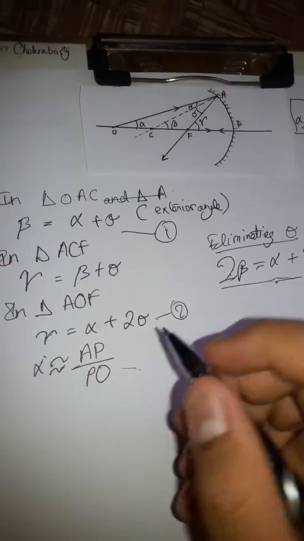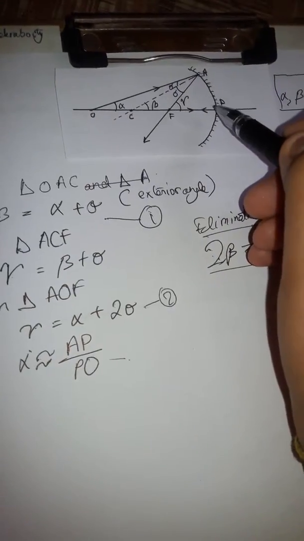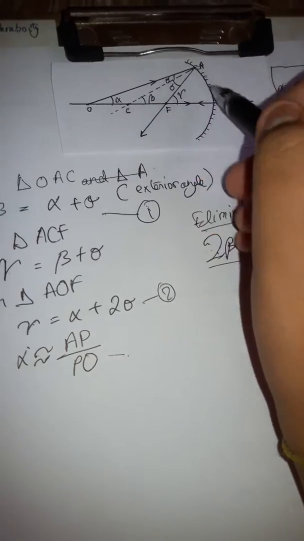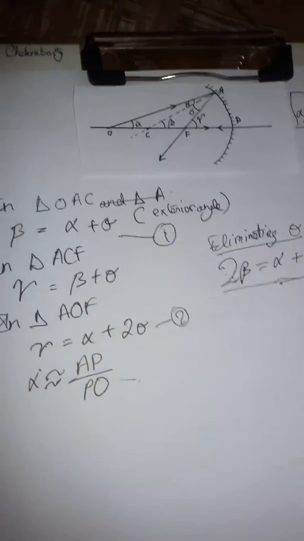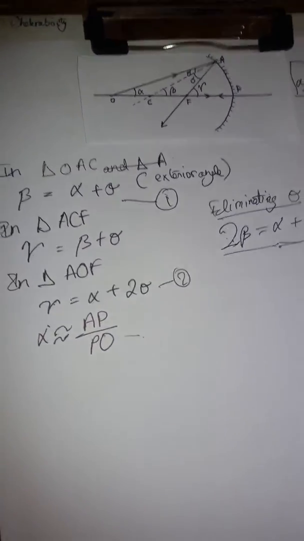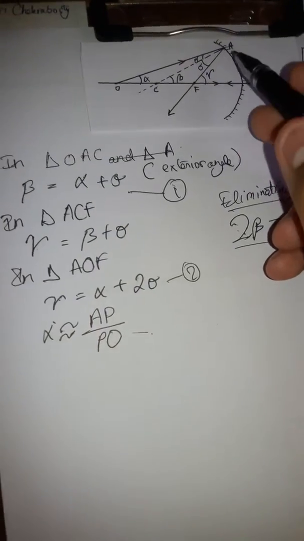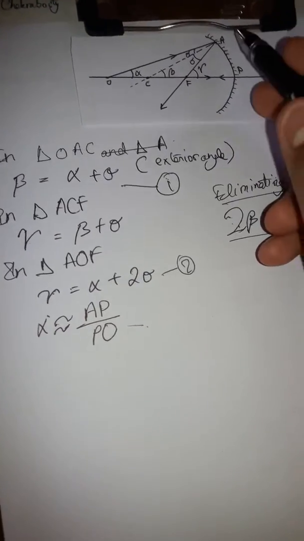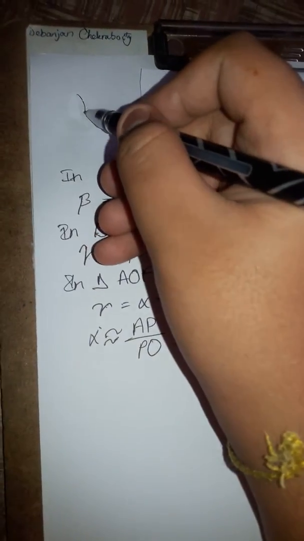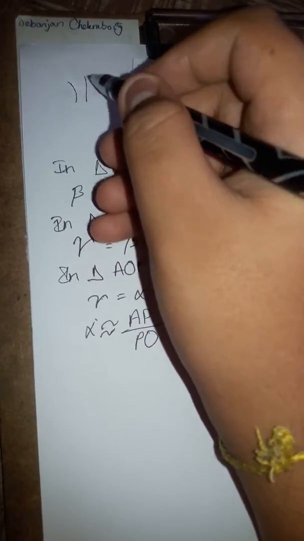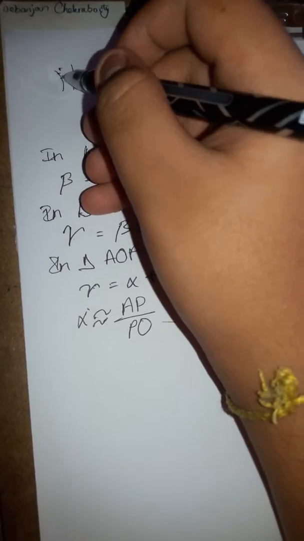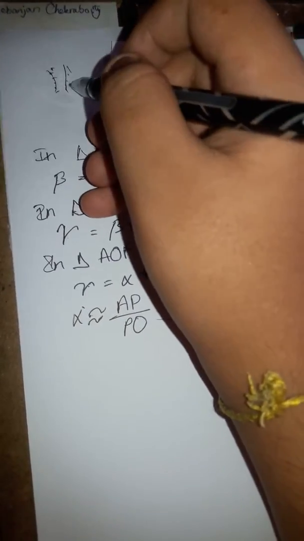Yeah, AP by PO. This spherical curved surface, we can say it is very plain, not much curved. It is very less curved. So you can consider this as a plane.